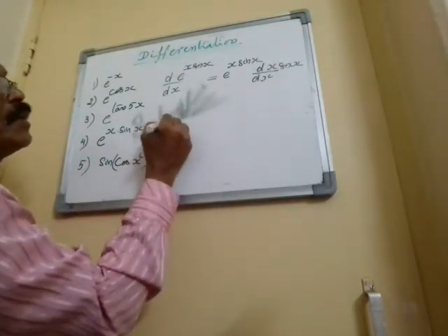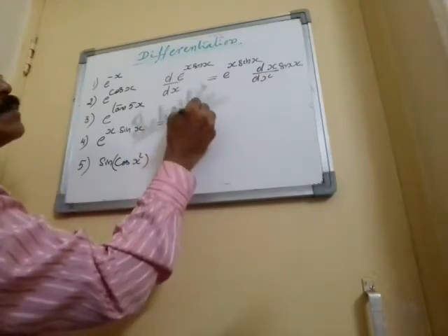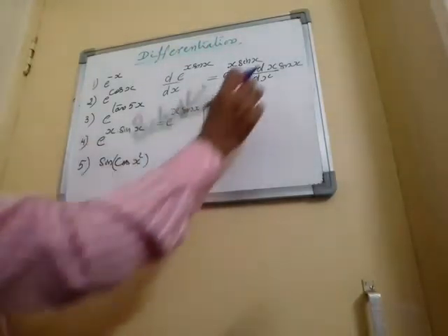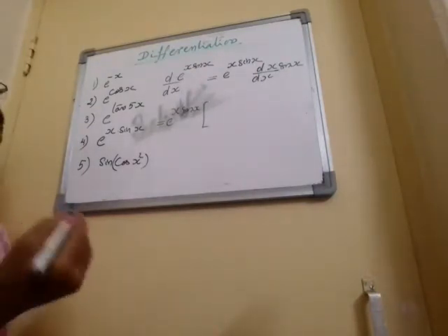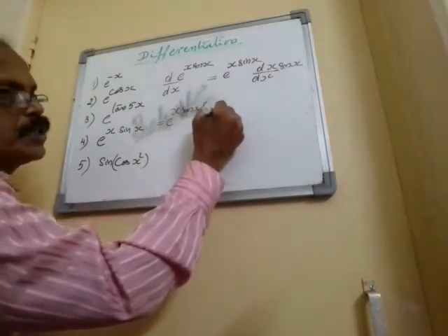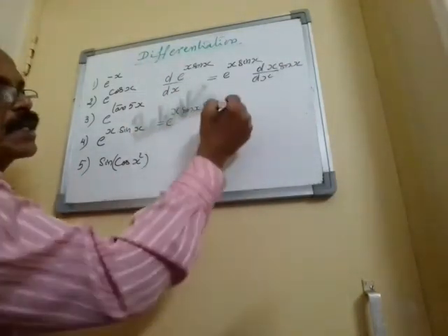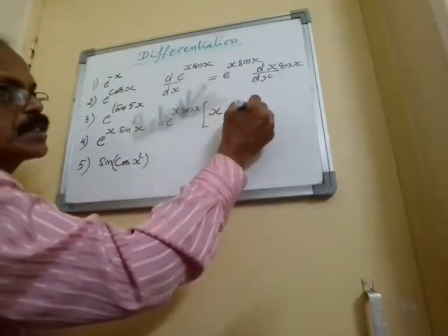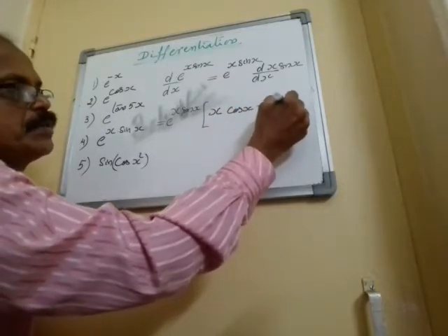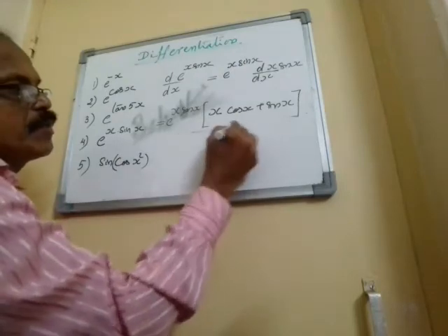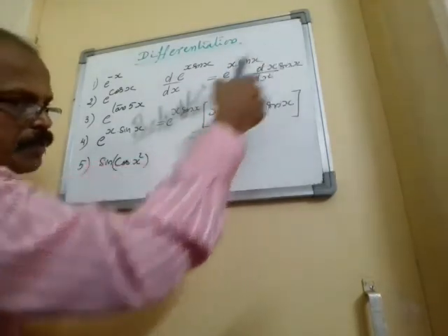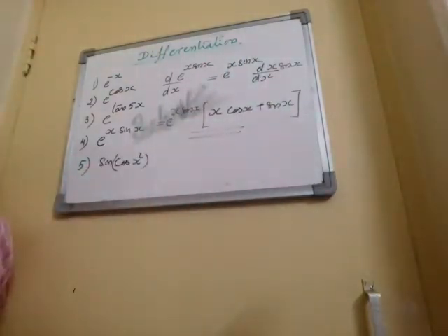So e to the power x sin x into, here it is a product of two functions, x and sin x. So we have to apply the product rule. The first function into derivative of second, sin x derivative is cos x, plus second function into derivative of first, that is 1. So that is the final answer. So please remember to apply the product rule when there is a product of functions.